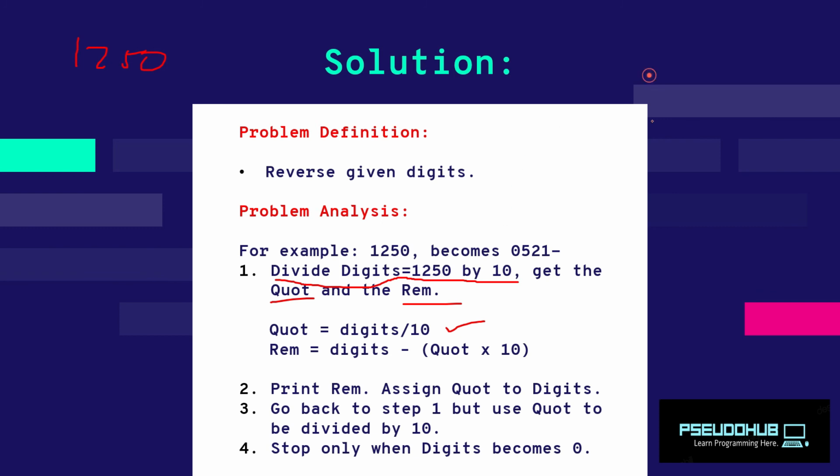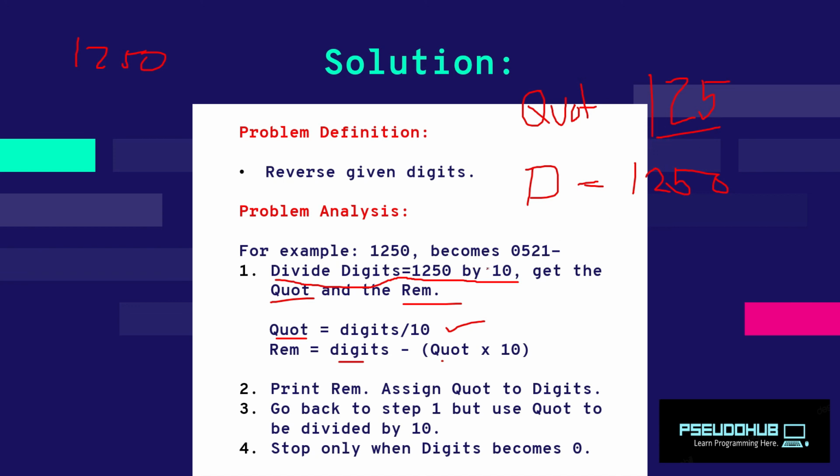Like I've mentioned, the first answer is 125. So digits divided by 10 is equal to 125, and the value of quote is now 125. I'll put it here in quote, and then digit. Okay, let me go back so it's clearer.